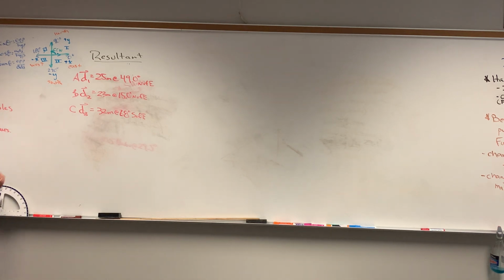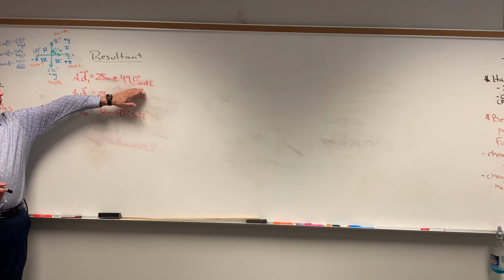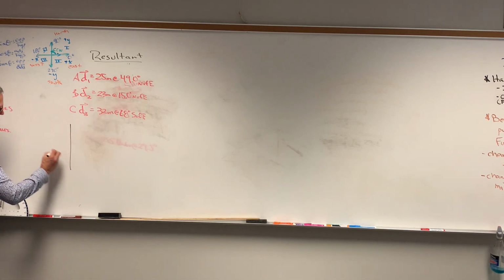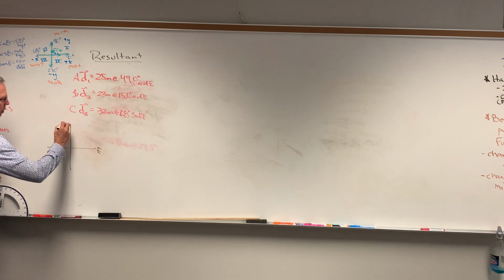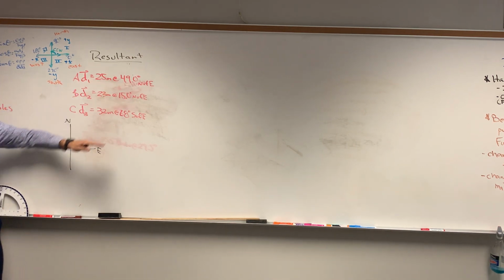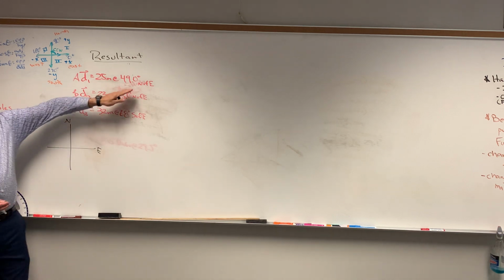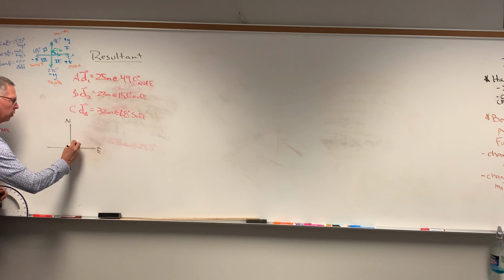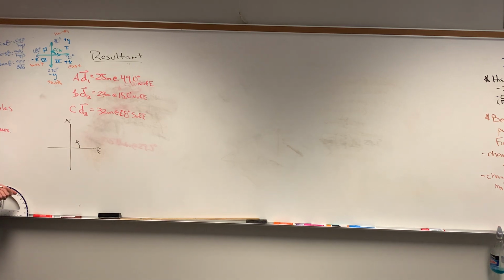Okay, now on the directions north of east, so this is east, this is north. So if it says some value north of east, that means you start with east and you go north of east.